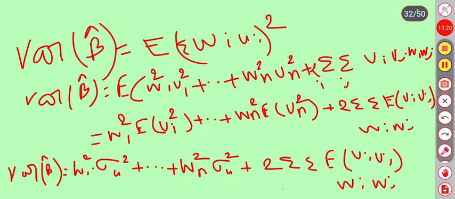So the cross product is equal to 0 and there is no autocorrelation, that is the expected value of ui uj is equal to 0.